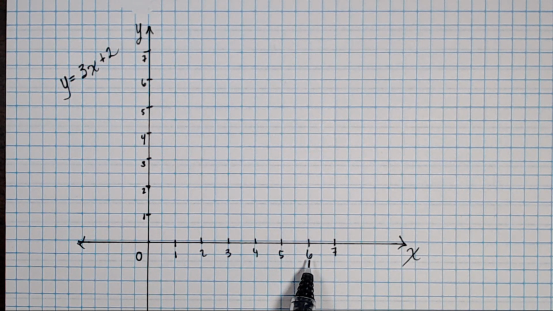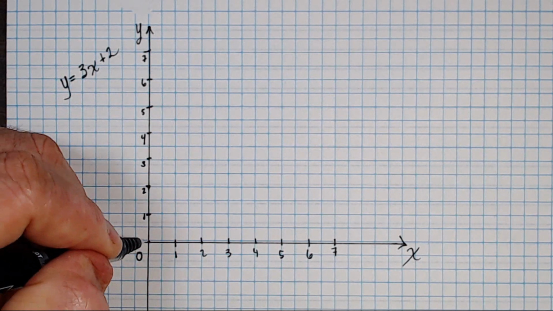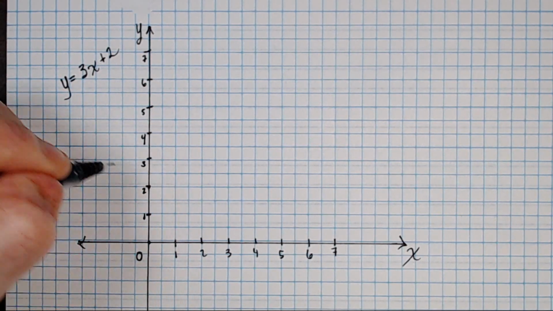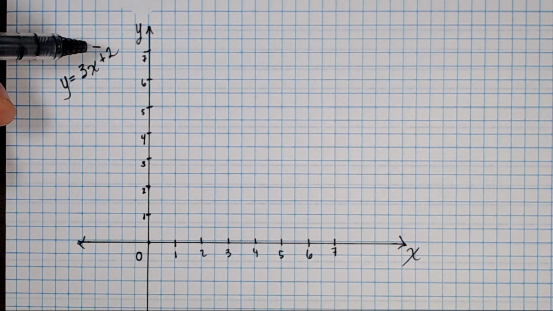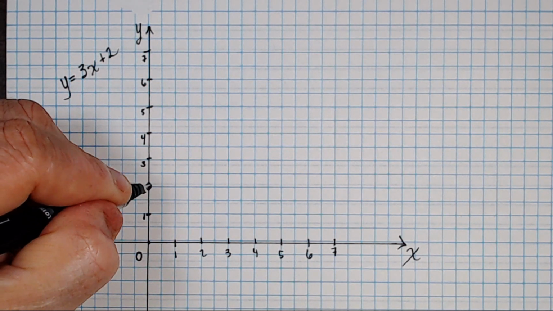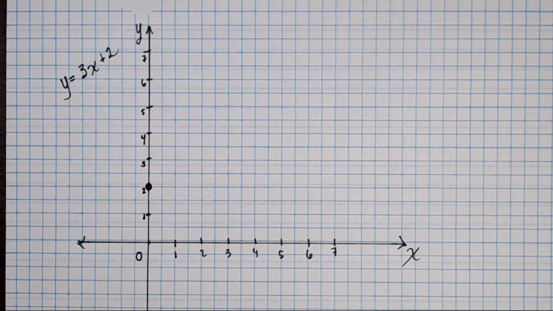What is x right here? Where my pen is? 6. What's x right here? 4. What's x right here? 0. Okay. So x is 0 and y is the y-intercept 2. So I'm going to put a dot there to let me know that's where I'll start drawing my function.